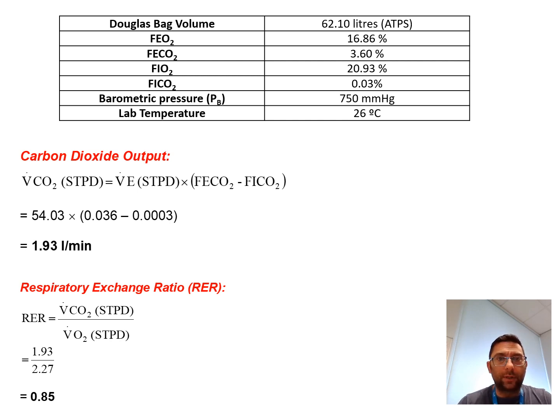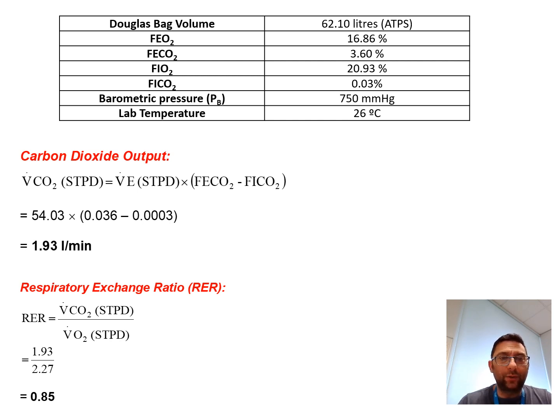So last slide then: VCO2, volume of carbon dioxide. Again, STPD. VCO2 equals VE multiplied by fraction of expired CO2 minus the fraction of inspired CO2. Dead easy, this one. We know VE is 54.03.